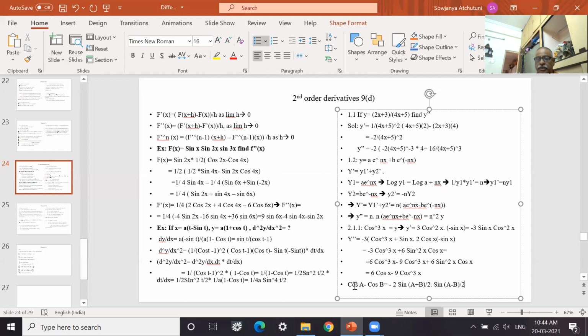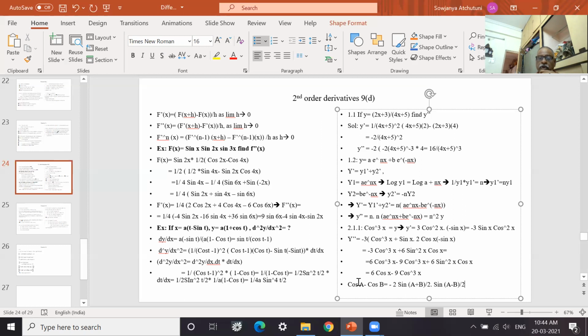So cos A minus cos B: (A plus B) by 2 is 3x and (A minus B) by 2 is x. So we find cos 2x minus cos 4x. Half is there because this 2 comes here, this becomes half.